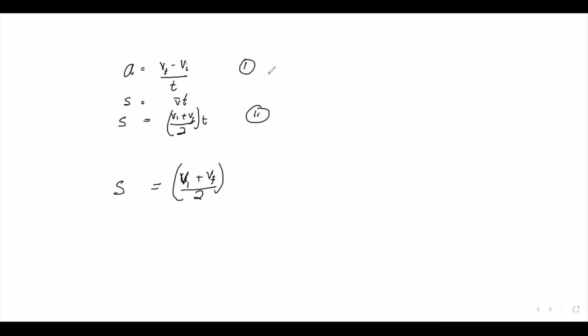From 1 here, we will have T is equal to V minus Vi over A. If you make T the subject of the formula, we'll have that. Now, for this T here, we will substitute that, which is Vf minus Vi over that. That's for that T there.